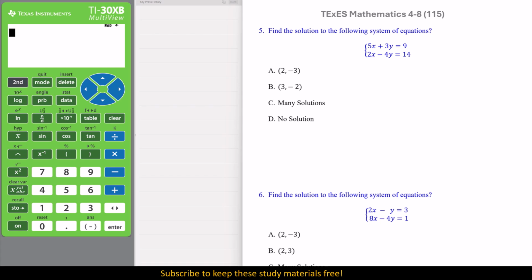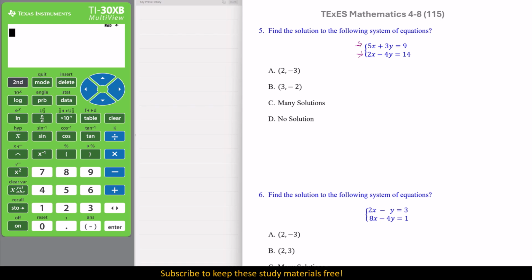I mean, even if we took this second one here and multiplied it by 5, well, no, and then this one by 2, I don't know if I'm seeing that. Well, we could try it. Let's see.